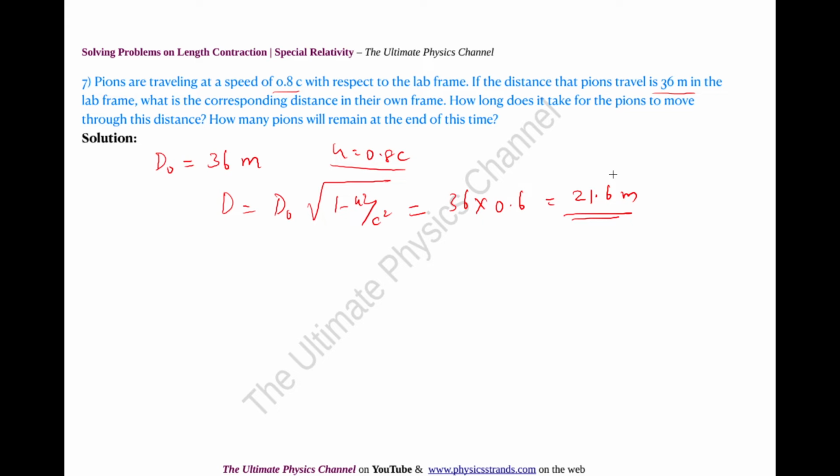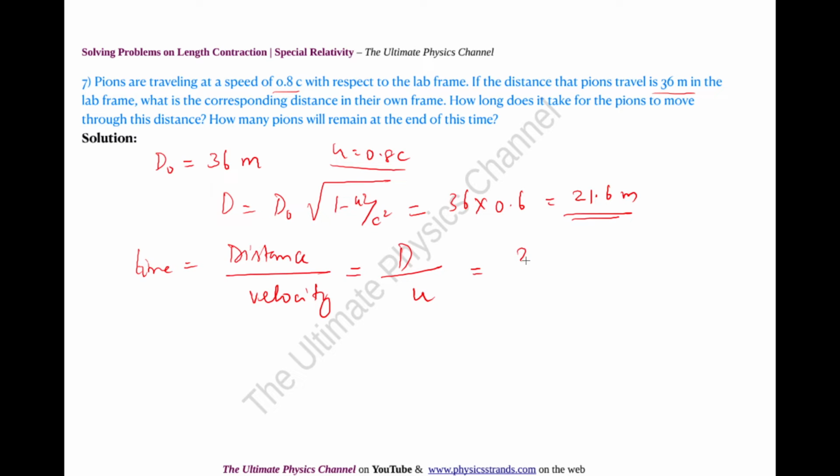And how much time would it take for these pions to do this? Again, the time in this case is the distance over the velocity, and the distance in this case is d. The velocity here is going to be u.